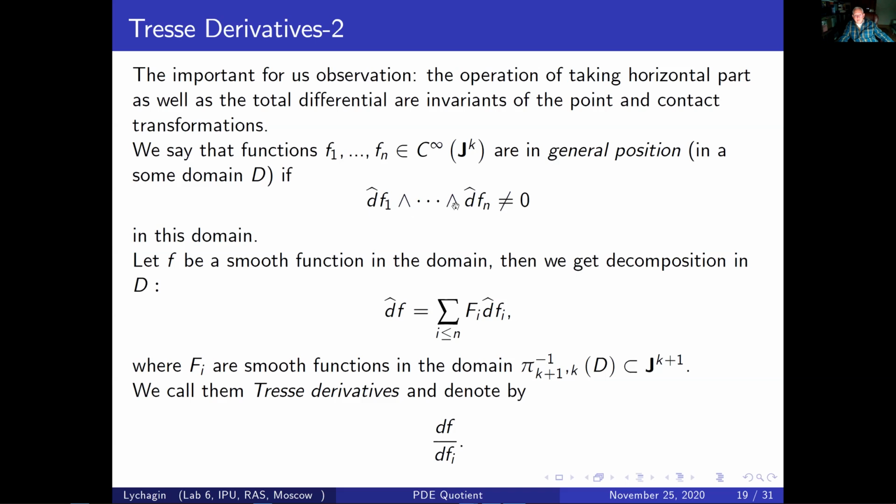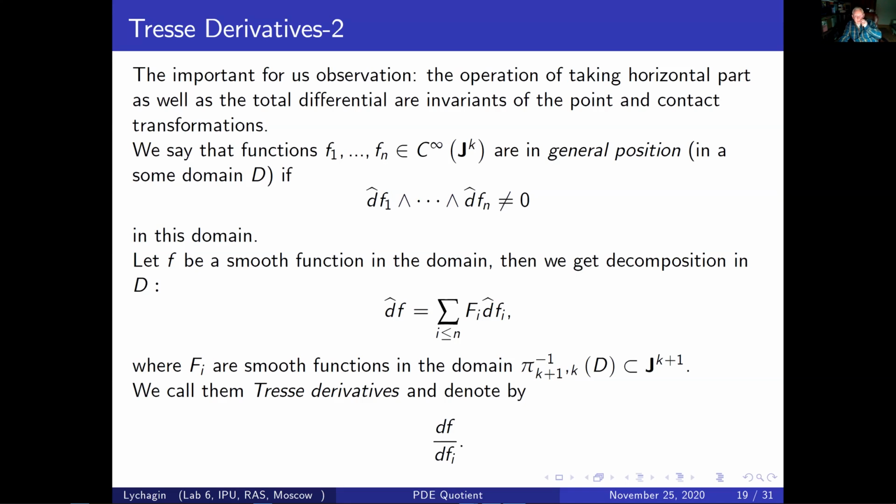This means that this product is not equal to 0, in a certain domain, not everywhere. In this domain, if you take some function f and its total differential, it can be represented as a linear combination of the total differentials of these functions f1, ..., fn. The coefficients that we get are called Tresse derivatives. I will use this notation for them: dF/dFi.